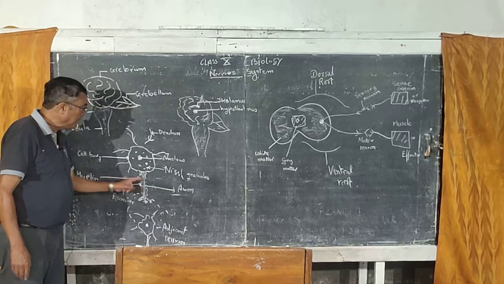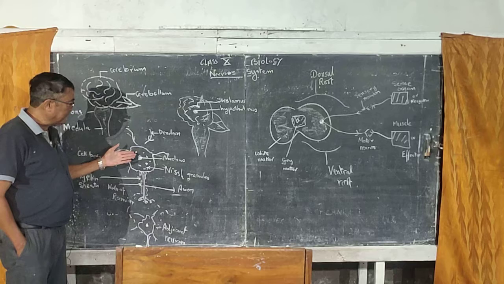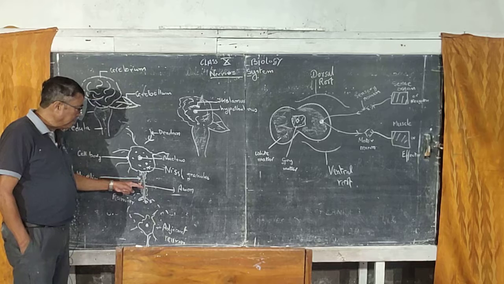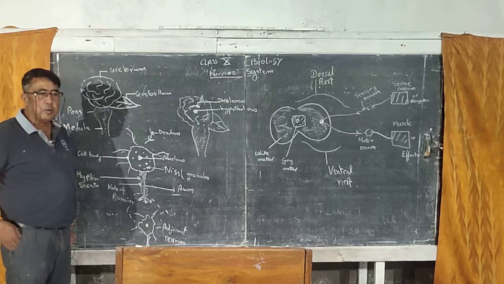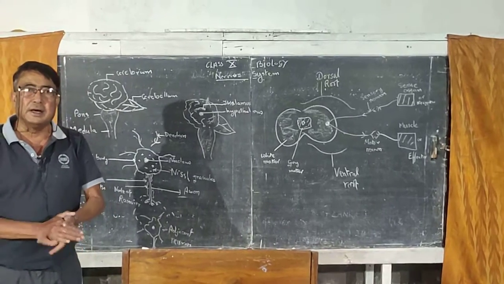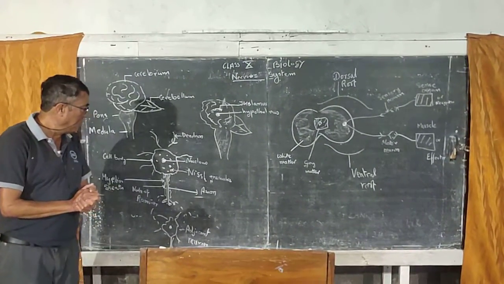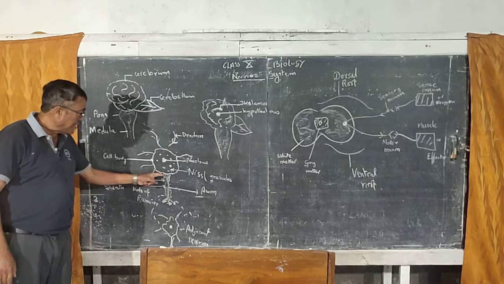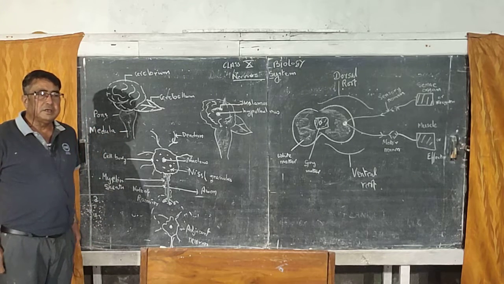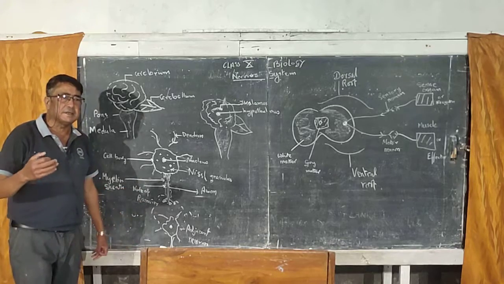This one is the axon, this one is the dendron. The dendron brings impulse towards the cell body, and the axon carries the impulse away from the cell body. Once again, an impulse is an electrochemical message that passes through the nerve, and a nerve is a collection of neurons or nerve fibers.